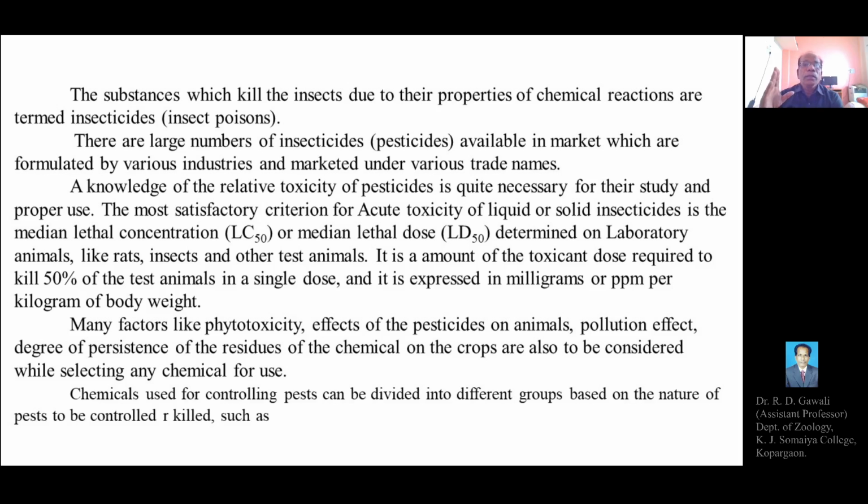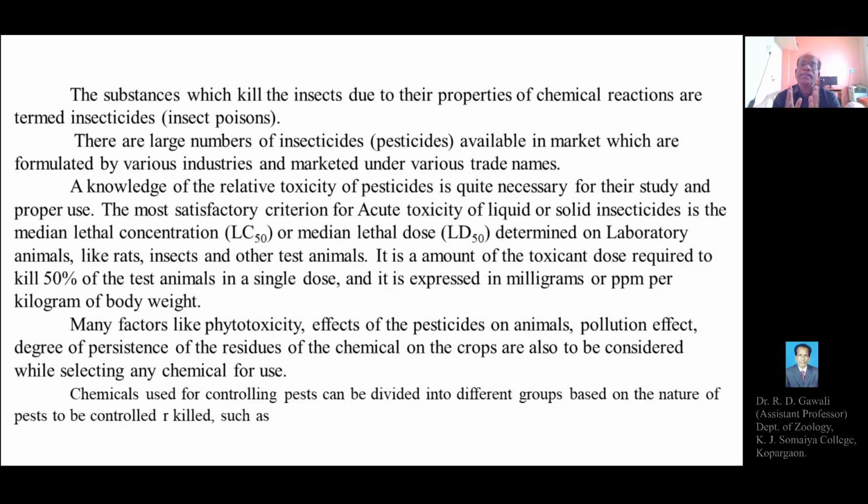So the most satisfactory criterion for studies of acute toxicity of liquid or solid pesticides is the median lethal concentration, LC50, for aquatic organisms, and median lethal dose, LD50, for terrestrial animals.